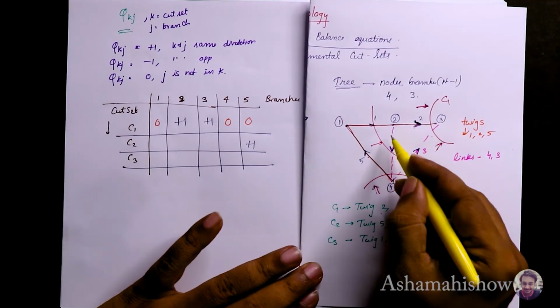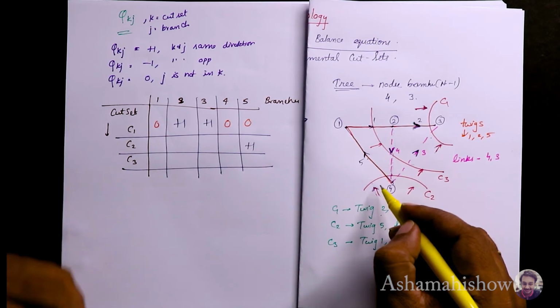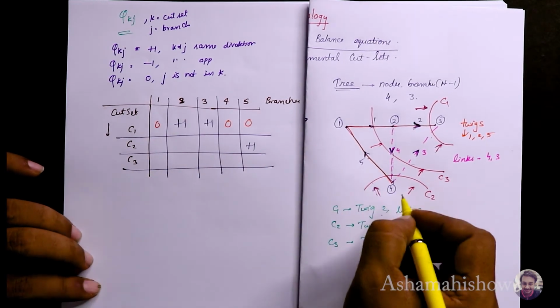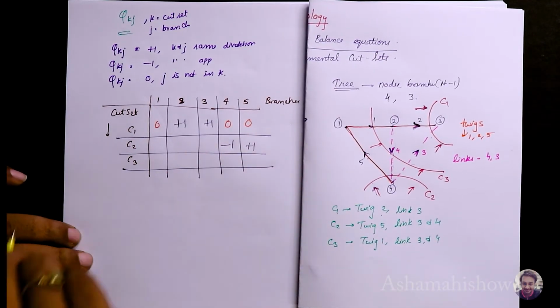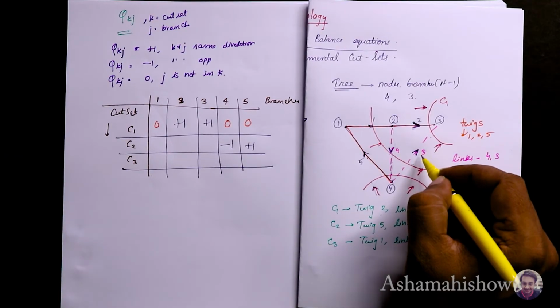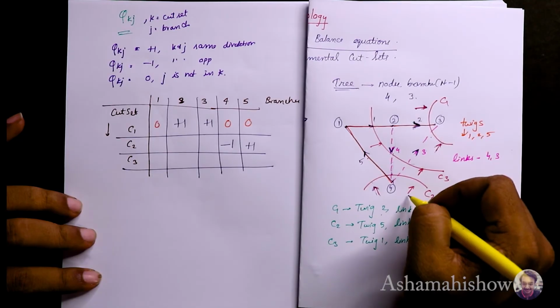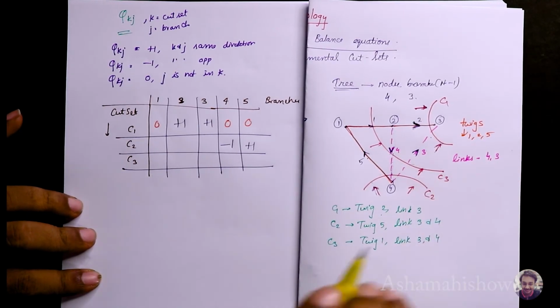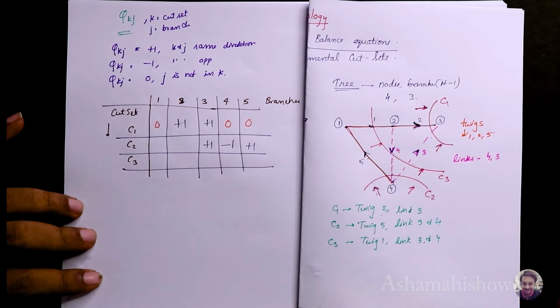They have opposite directions, so C2 and branch 4 are taken as minus 1. Now the third branch, the third link: it and C2 are both in the outward direction, so it is plus 1 again. The ones not linked are 1 and 2. Simple.